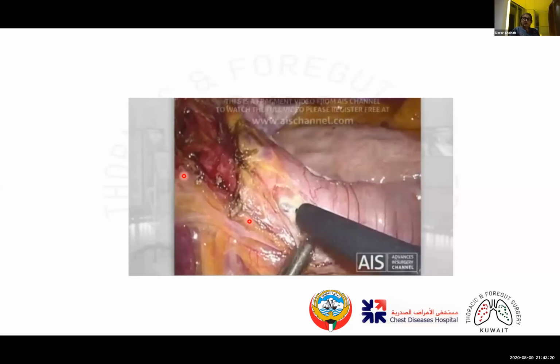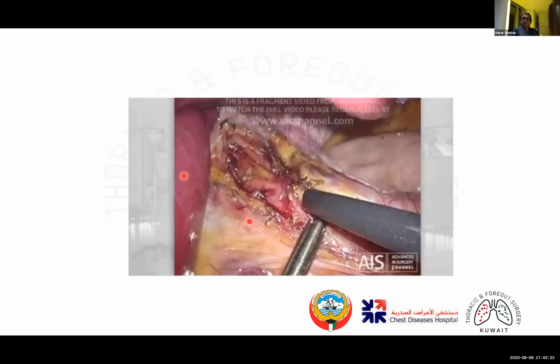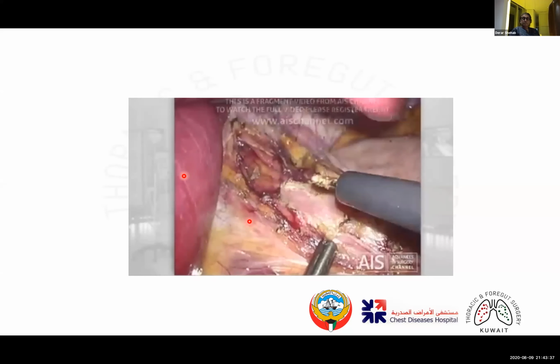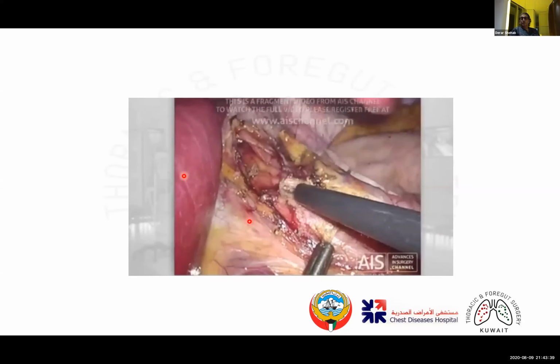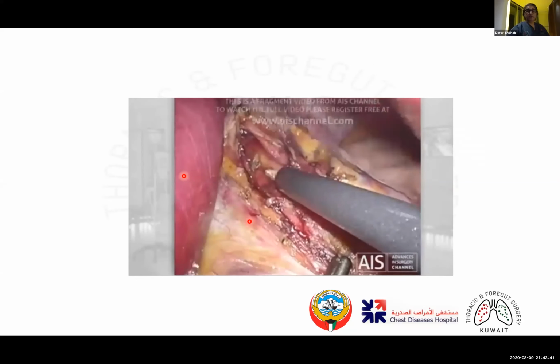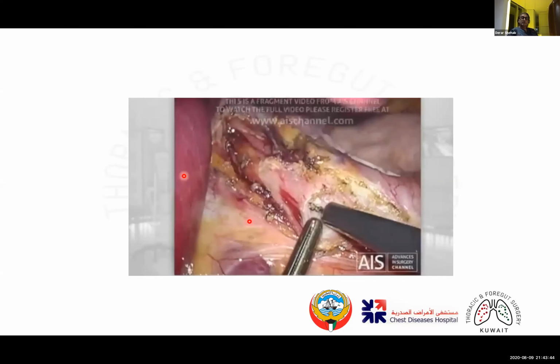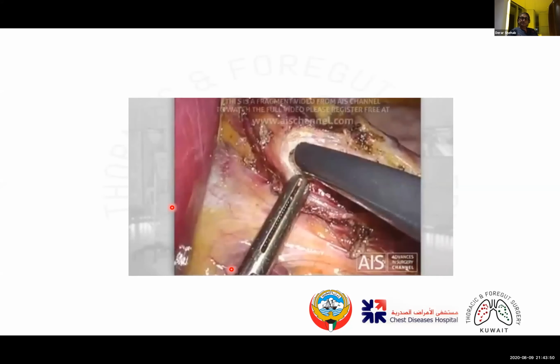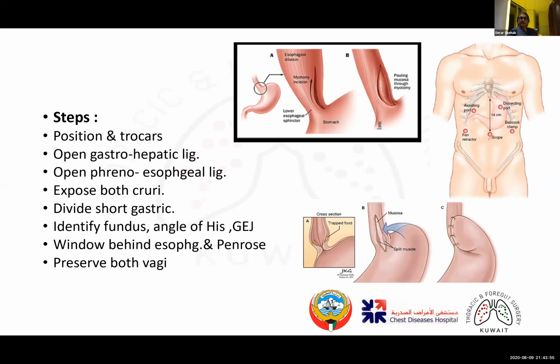At the end, make sure that you complete your surgery by doing a partial fundoplication. We usually like to do a Dor fundoplication, which is an anterior 180 wrap, and the reason is because it prevents reflux. And it covers the myotomy.